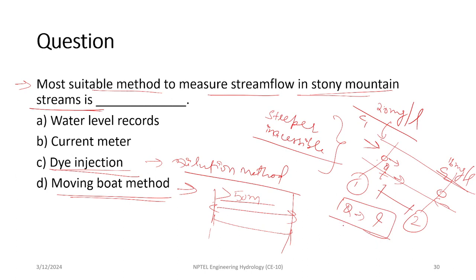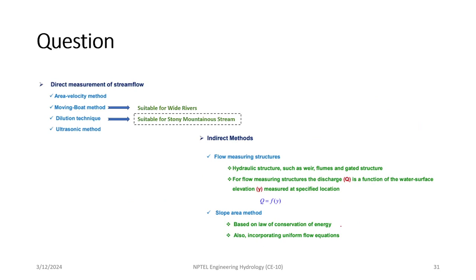We have one problem at the last slide, so we will look into that also. So direct measurement of stream flow can be possible by using area velocity method, moving boat method, dilution technique and ultrasonic method. Dilution method is mainly suitable for stony mountain streams. Also moving boat method is suitable for wide rivers.